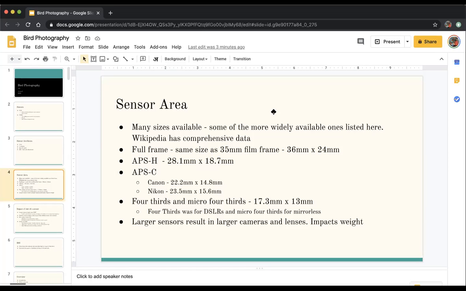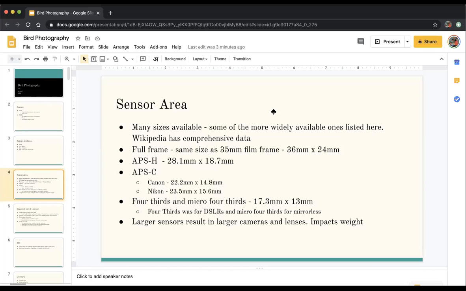But to go over some of the major ones, primarily the ones that I'm familiar with or tend to use most, there is the full frame. When they say full frame, they actually mean the size of an original 35 mm film frame, and it's of that form factor.